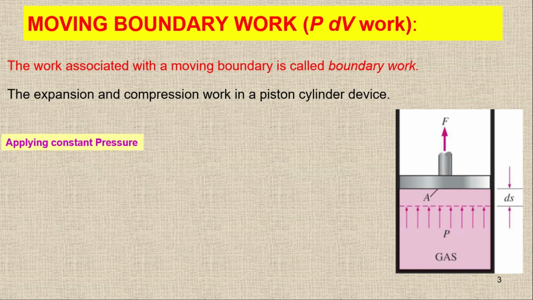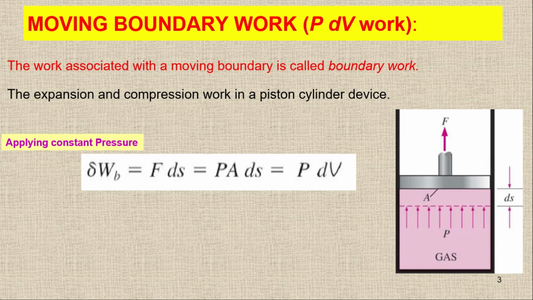Here, if we maintain a constant pressure of this gas, this piston will rise linearly. If I write down the equation, we know the work is the force times the distance covered by this piston.